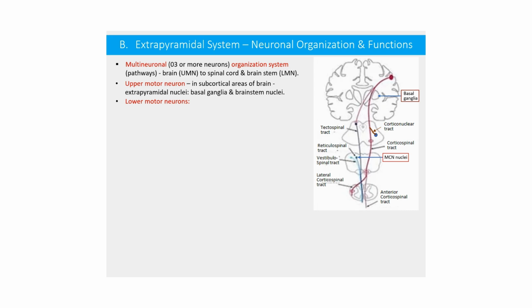The lower motor neuron of the extrapyramidal system are divided into two groups. The lower motor neuron of the spinal nerves are present in the spinal cord and they control the muscles of the limb and trunk. The second group of nerves are the cranial nerve, whose lower motor neurons are present in the brainstem and they control the muscles of the head and neck.